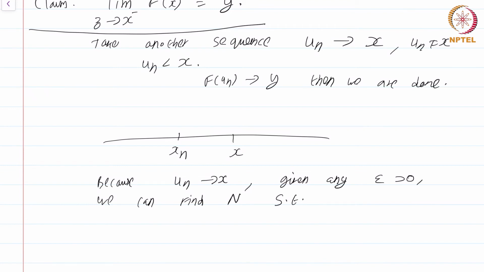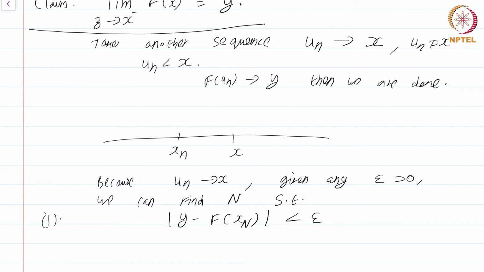First of all, the modulus of y minus f of x capital N is less than epsilon. We can certainly do this simply because f of xn converges to y.